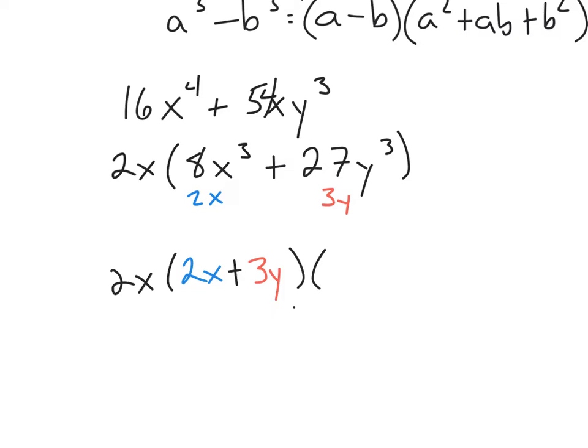So a squared would be 4x squared. And then we're going to subtract, and then we're going to take a times b, and a times b would give me 6xy. And then we're going to add b squared, which would be 9y squared. And this is the sum of cubes factored.